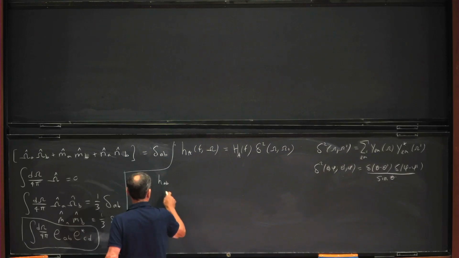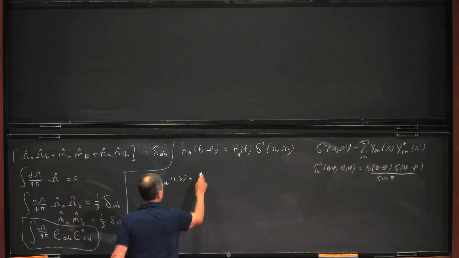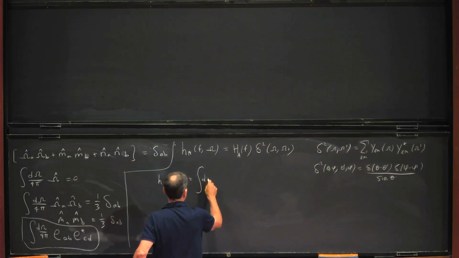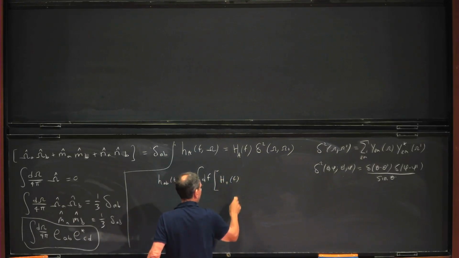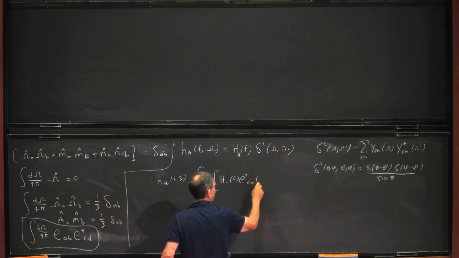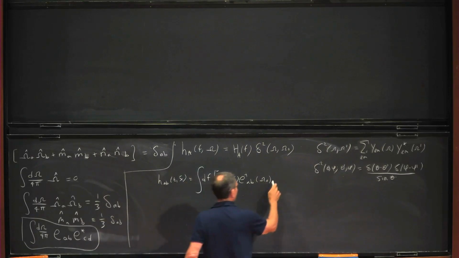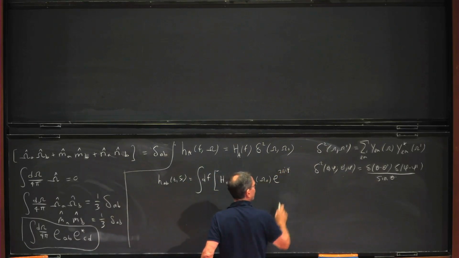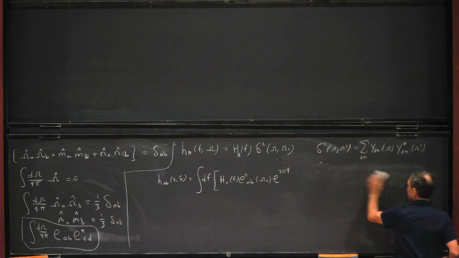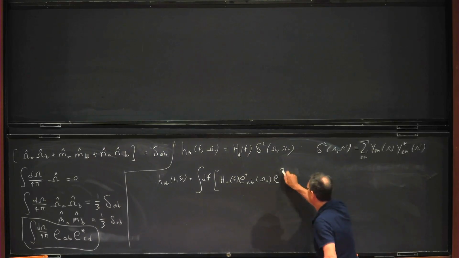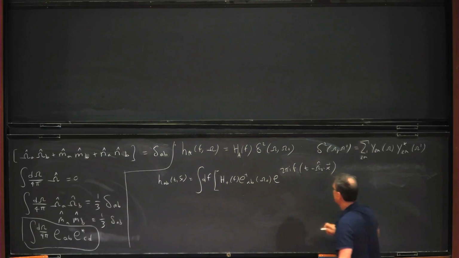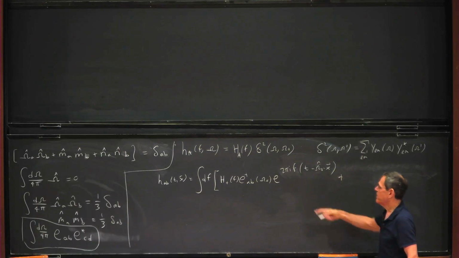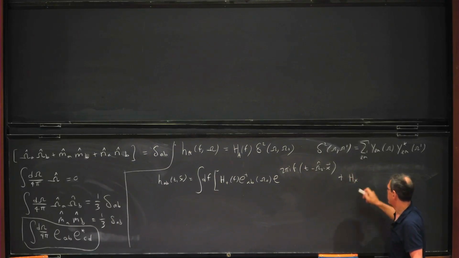We get H_AB of t and x is an integral df of h plus of f, e plus AB in the direction omega 0, e to the 2 pi i f (t minus omega 0 dot x), plus the corresponding h cross term.